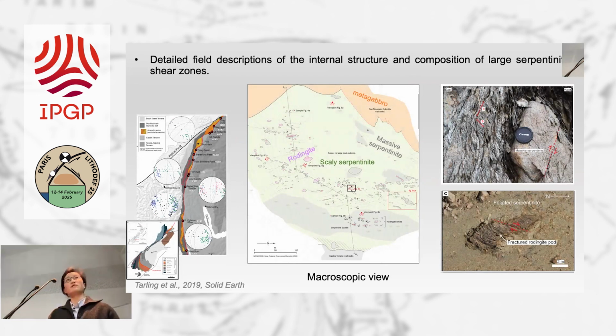From a macroscopic view, they observed massive serpentinite and scaly serpentinite with a lot of distributed rodingite pods in this serpentinite. They observed some SC fabrics, and we can see the quite clear faulted rodingite pods.